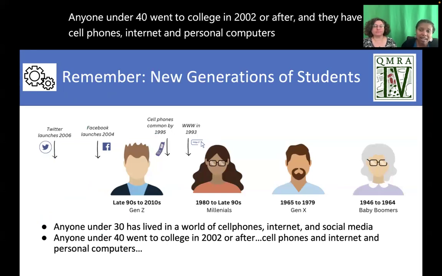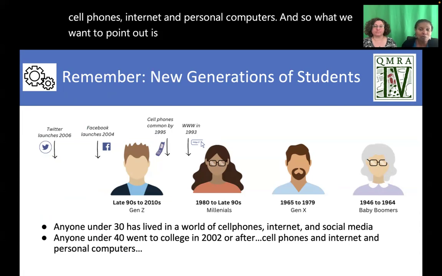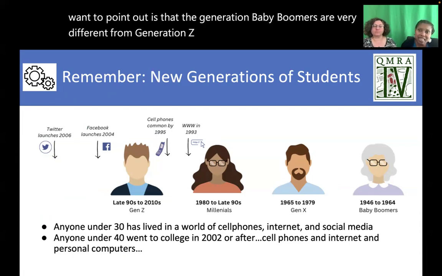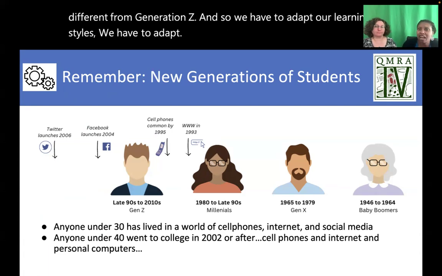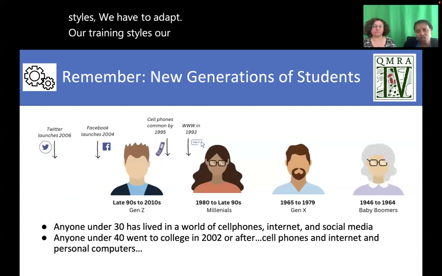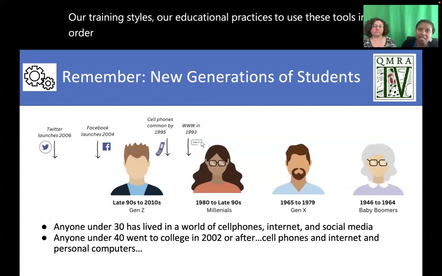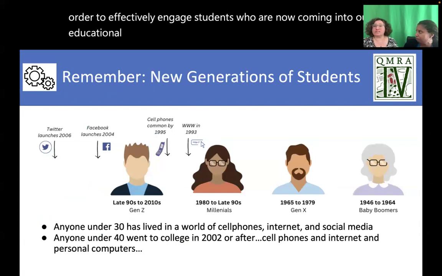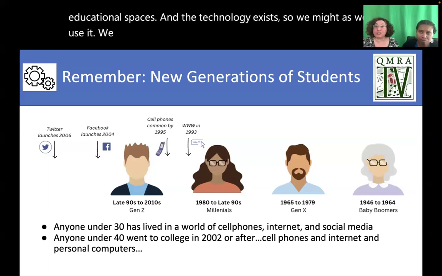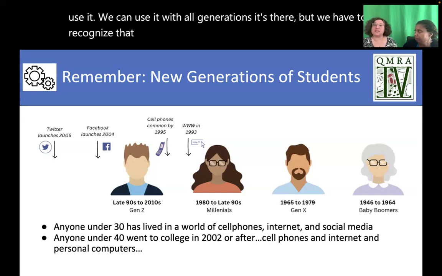So the baby boomer generation is very different from Generation Z, and we have to adapt our learning styles, our training styles, and our educational practices to use these tools in order to effectively engage students who are now coming into our educational spaces. The technology exists, so we might as well use it. We can use it with all generations. But we have to recognize that familiarity with tools is going to be different depending upon who we're teaching.